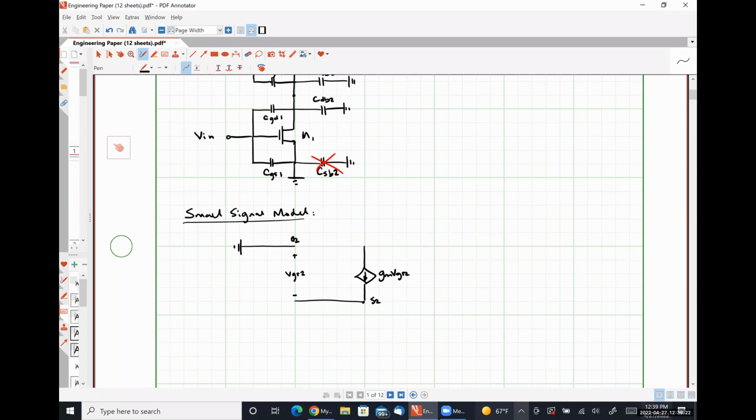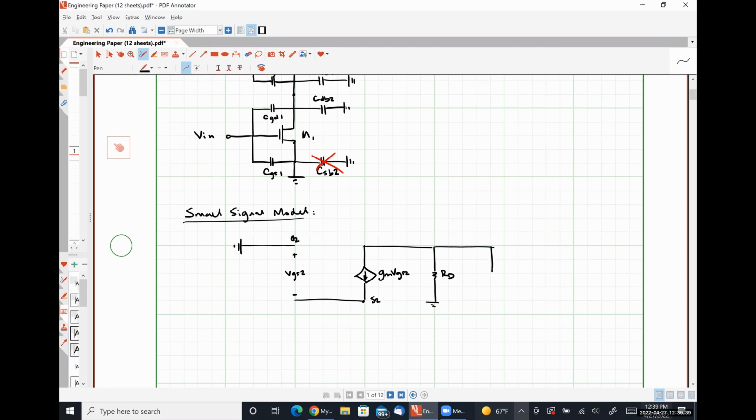Gm VGS2, and then connected here will be some impedance. Let's call it RD in parallel with C out, where C out is simply CGD2 plus CDB2. And here is our output node. All this up here represents the drain of transistor M2.